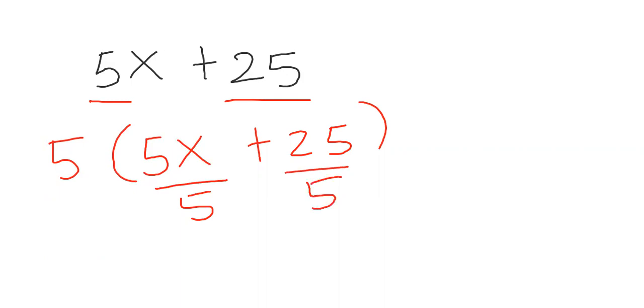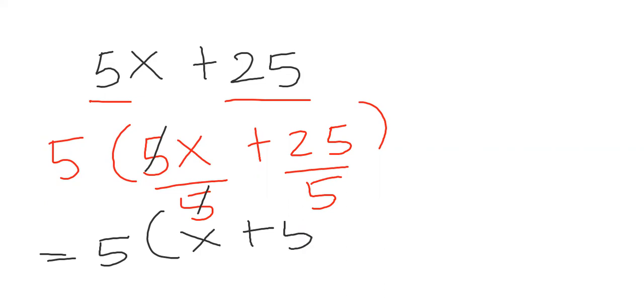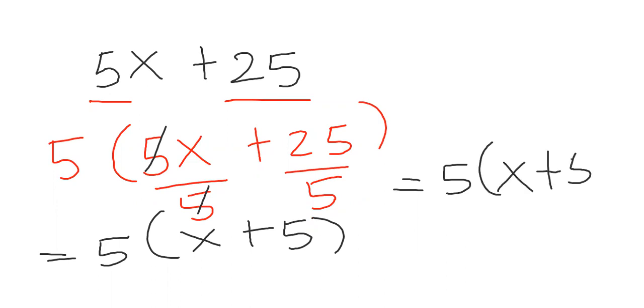Then simplify what is inside the brackets. The numerator and denominator are the same, so they cancel out, and we are left with an x. Then 25 divided by 5 gives us 5. So our final answer is 5(x plus 5).